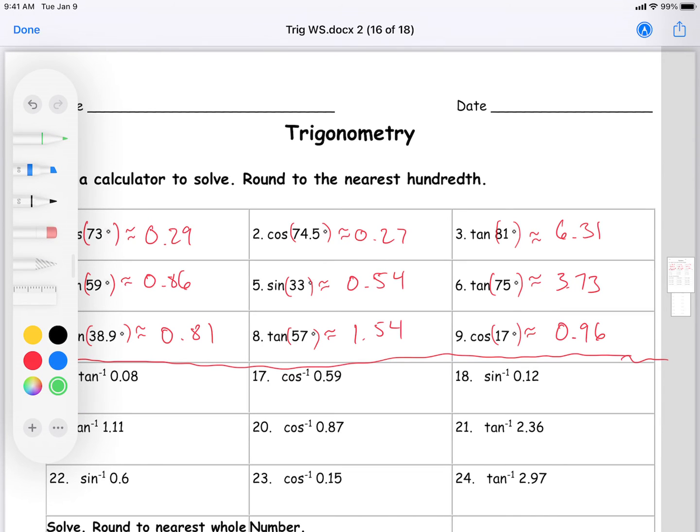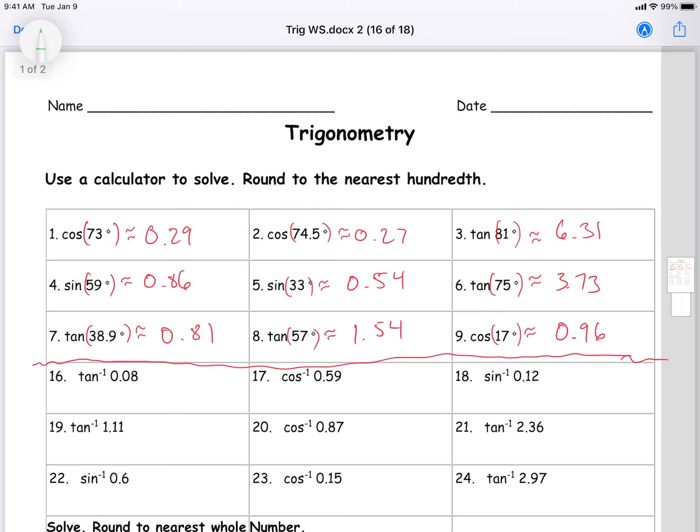just because of timing this year, but one of the things I want you to notice, right, cosine and sine, they're all between what values? They're all between 0 and 1, right? So cosine and sine are between 0 and 1, okay?